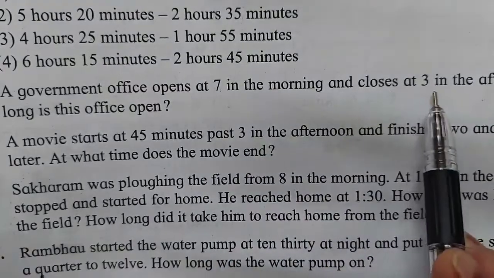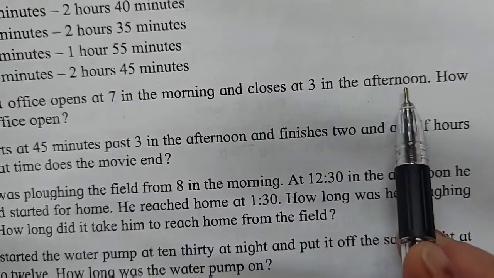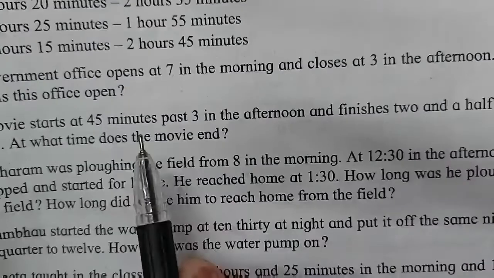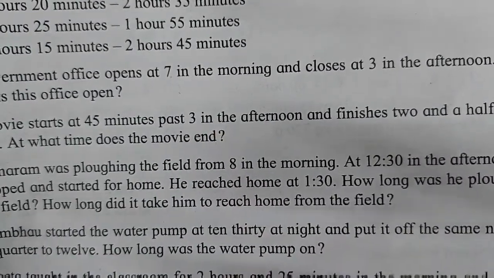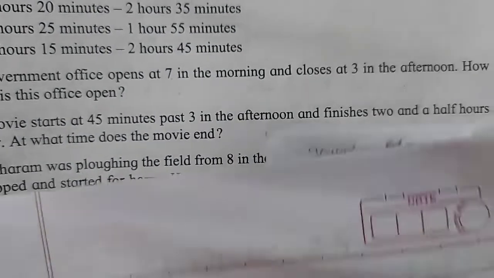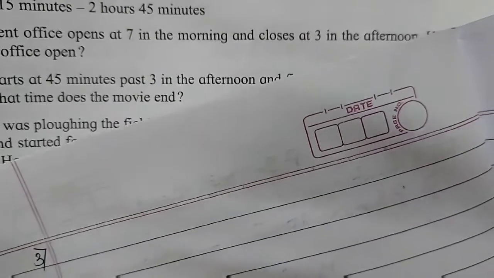and closes at 3 in the afternoon. Afternoon is p.m. How long is the office open? Right, children? We have to find out the working hours of the office. So what do we have to write? We have to write the statements.